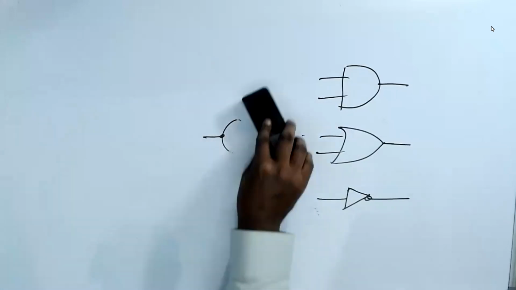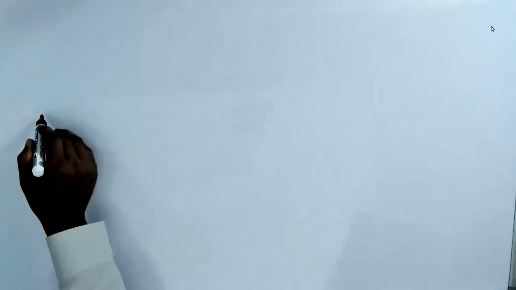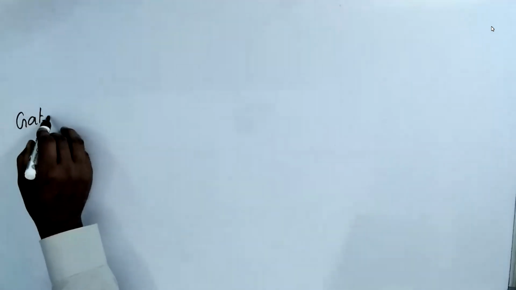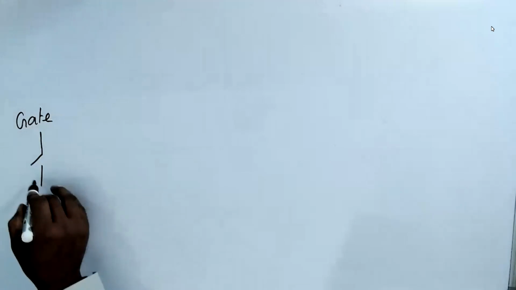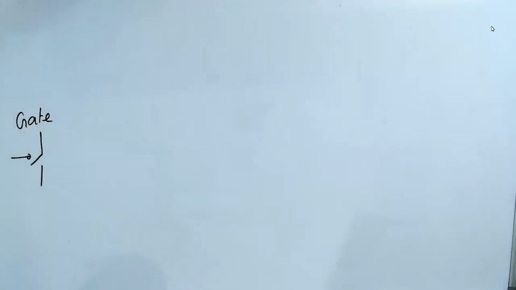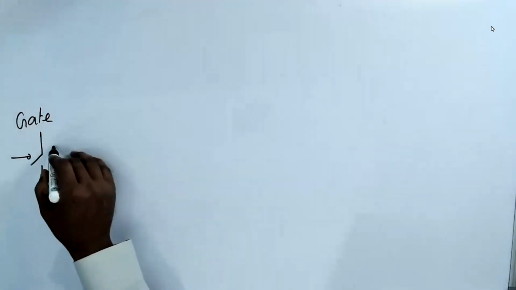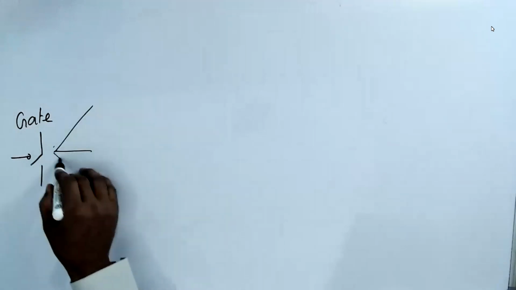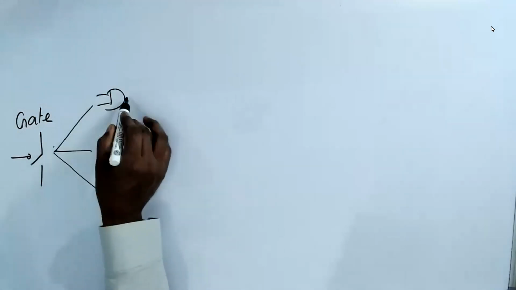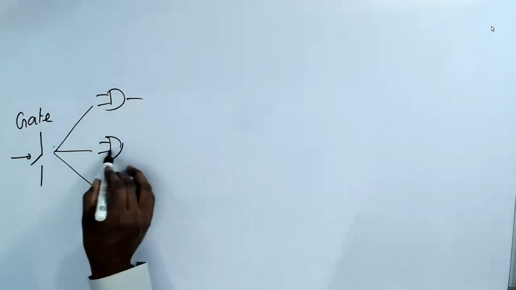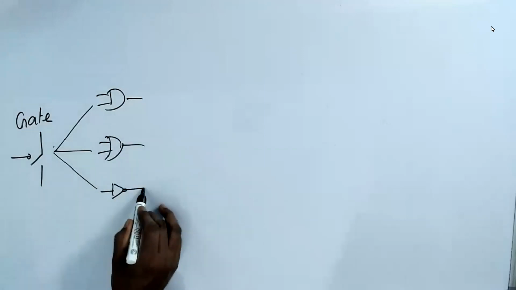So in electronics, especially digital electronics, which we are discussing, the basic thing is the gate, which is nothing but a switch with electrical input. And the application is 3: AND, OR, NOT. Only 3.